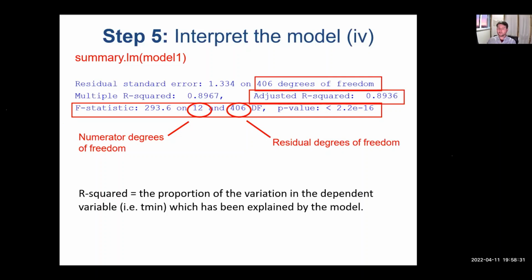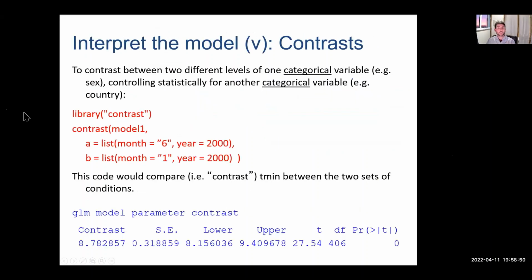So, as I say, what this does is it allows us to understand the relationship. The summary.lm allows us to look at differences between months, but it doesn't allow you to specify which year you're looking at when you're looking between months. And for this, we need contrasts.